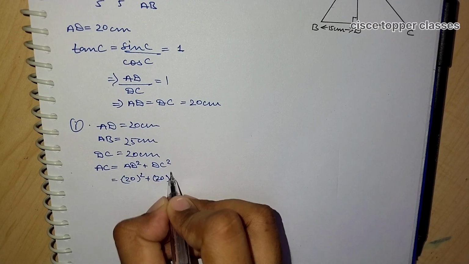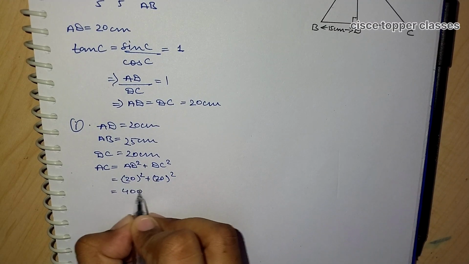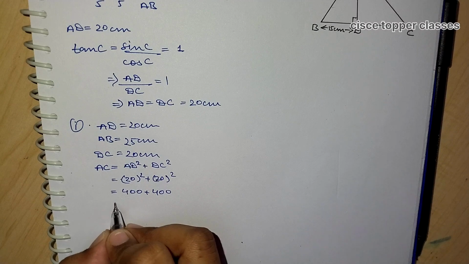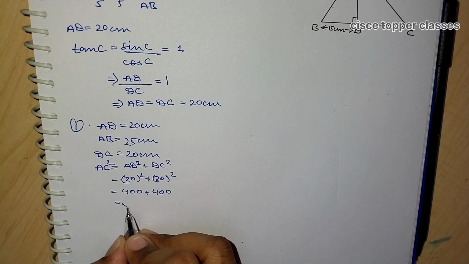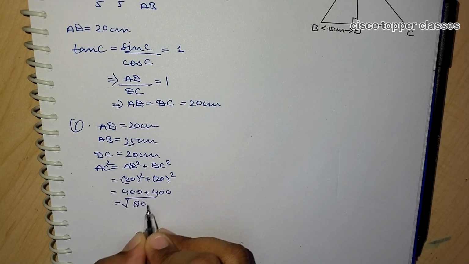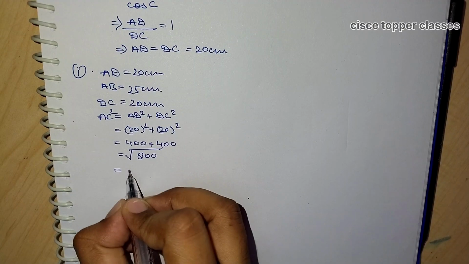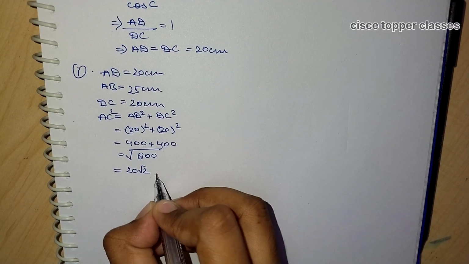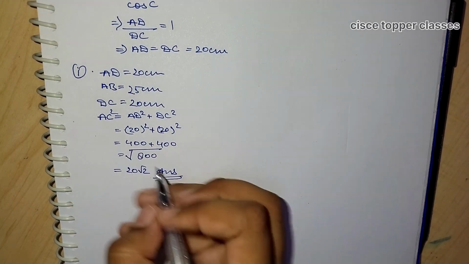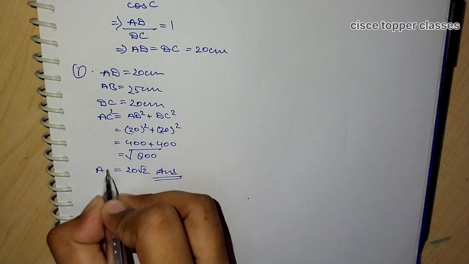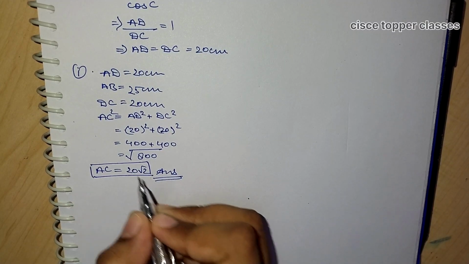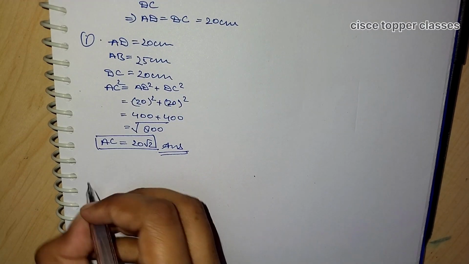So 20 whole square means 400 plus 400 equals under root 800, so we can write 20 under root 2 as the final answer. So AC is equal to 20 under root 2. So this is the solution of the first part.